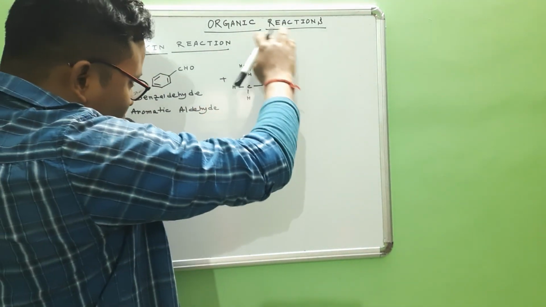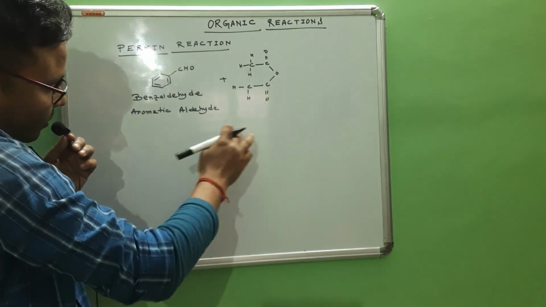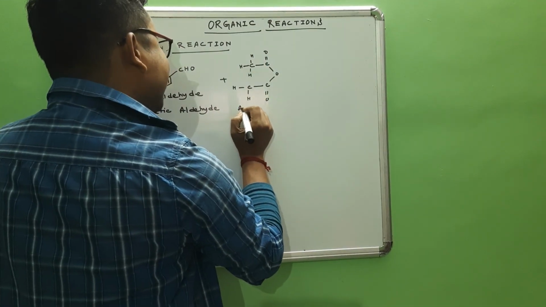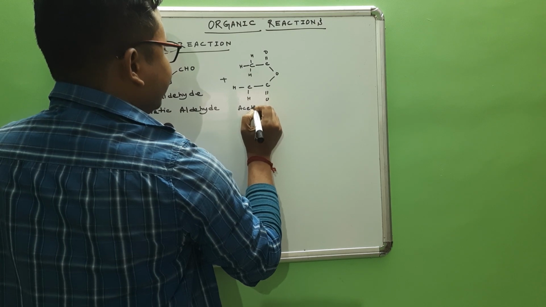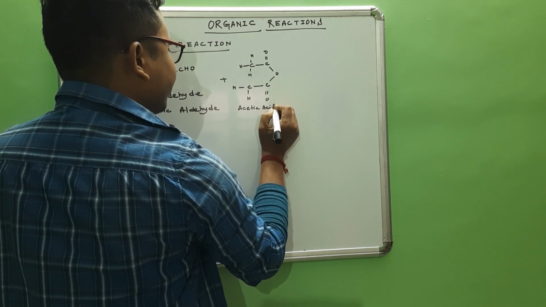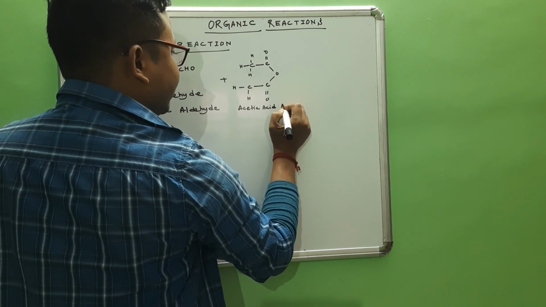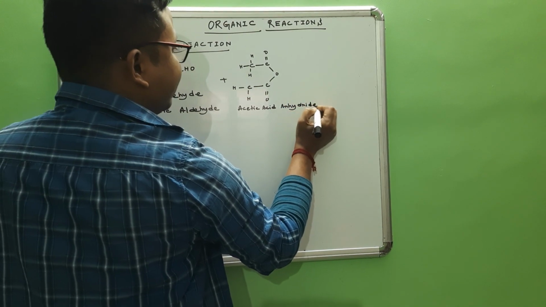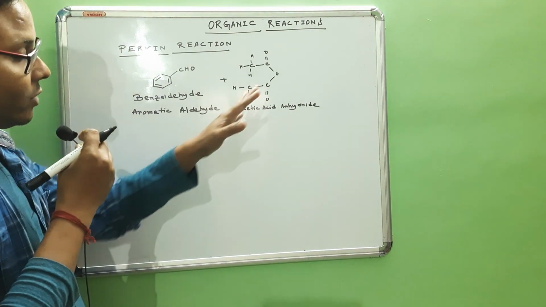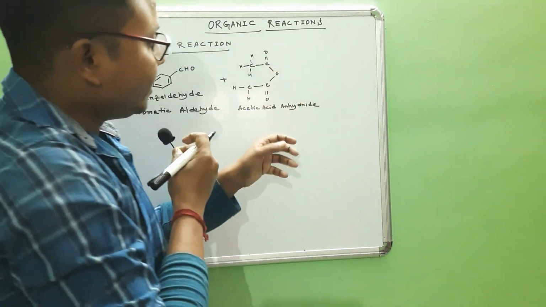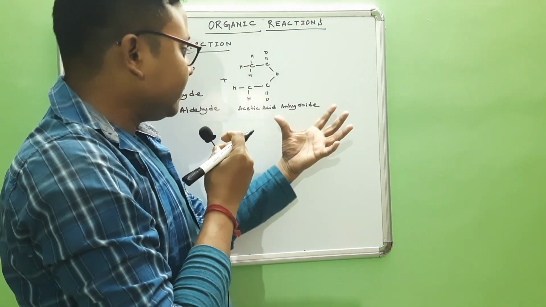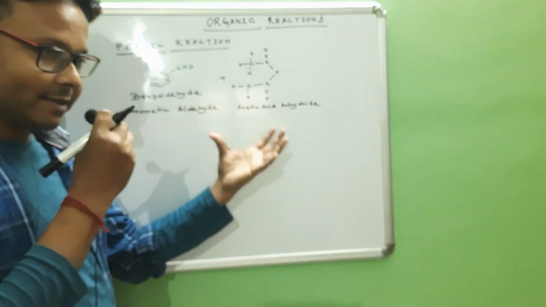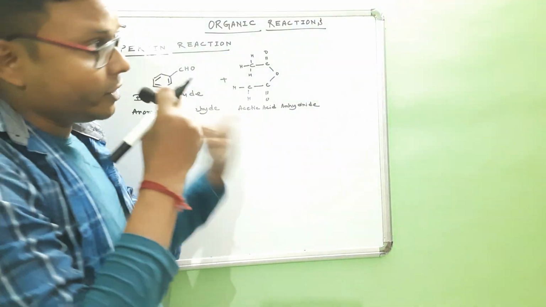Because the total compound is known as acetic acid anhydride. Why is it called acetic acid anhydride? Because if you add water to this anhydride, you will get acetic acid. So it is the precursor anhydride of acetic acid.